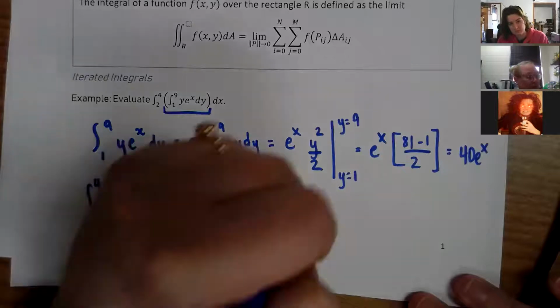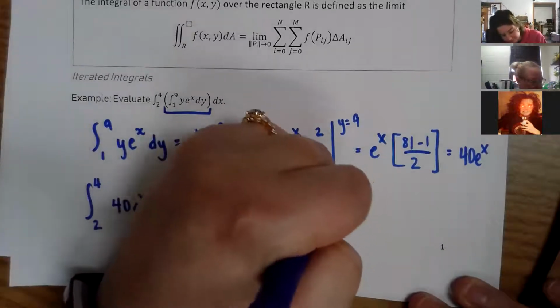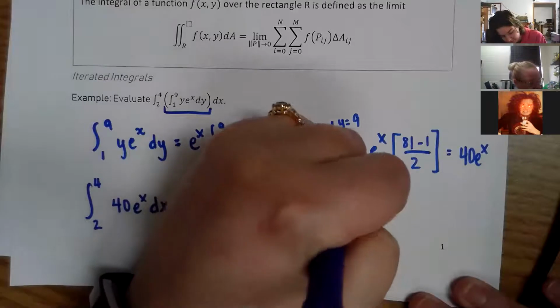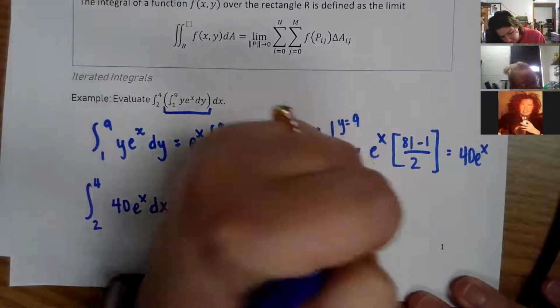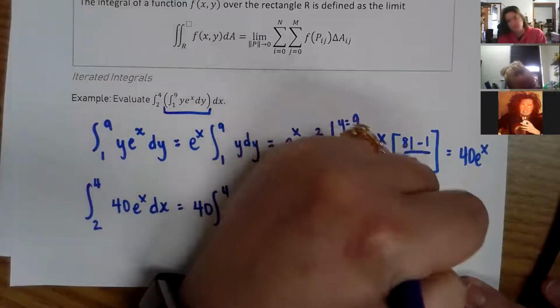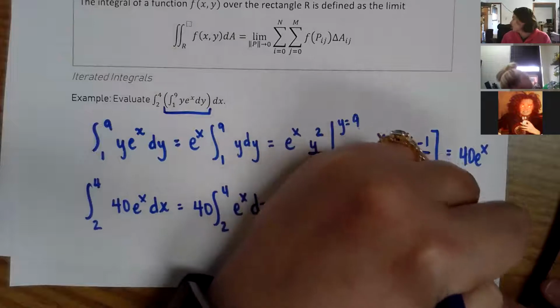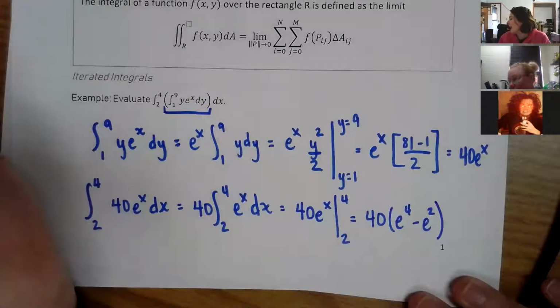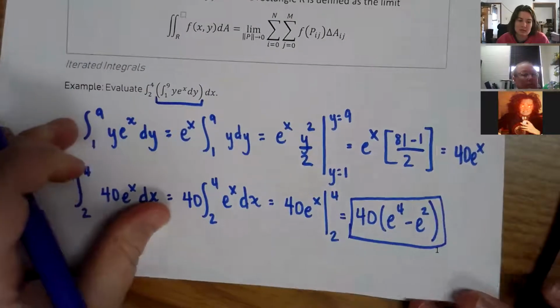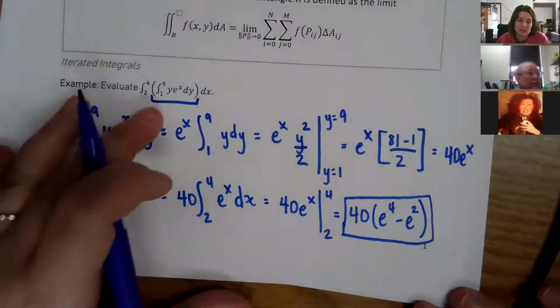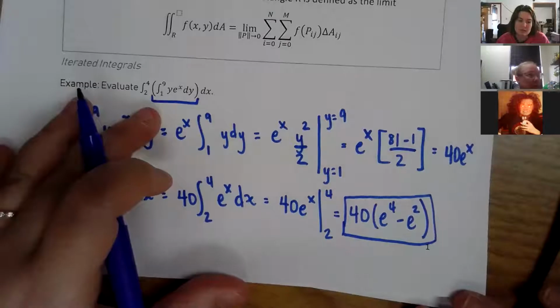E to the x. And I'm going to evaluate that from 2 to 4. Neat, right? Pretty simple.